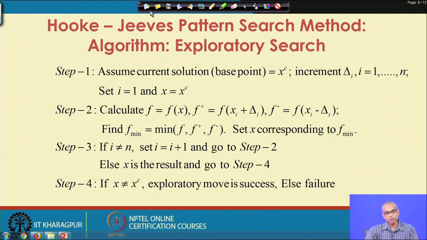So, we have 3 function values; you find the minimum and then take the x which corresponds to the minimum value of the function. For example, if this is the case for the minimum value of the function, we take x as x I plus delta I.